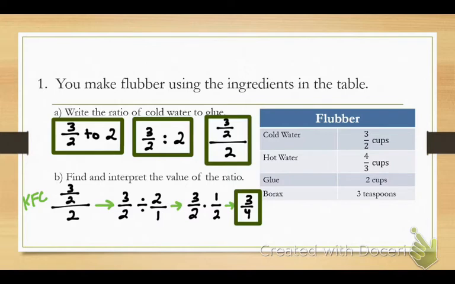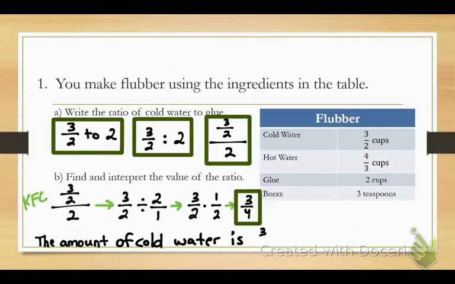All right, the final thing that you see there is the word interpretation. That means, what in the world does this mean? What is the first thing that we are comparing? Cold water. Okay, that's our first thing, and we're comparing it to glue. So for your answer, when you write interpretation, I want you to write this. The amount of cold water is, what did we get for the value of our ratio? 3/4.